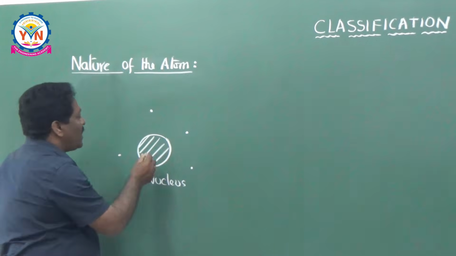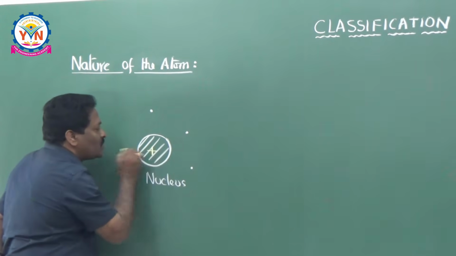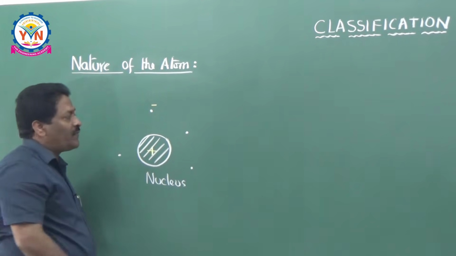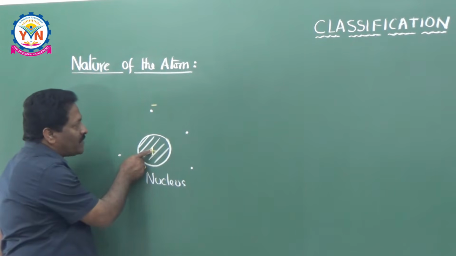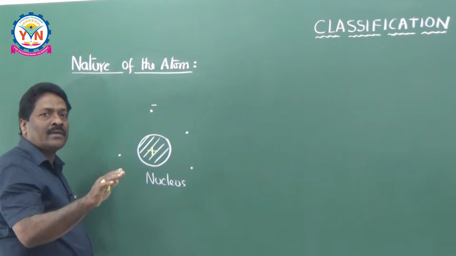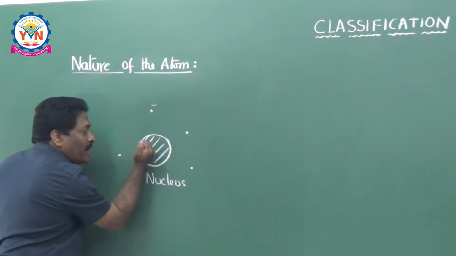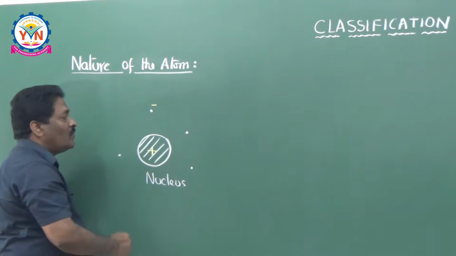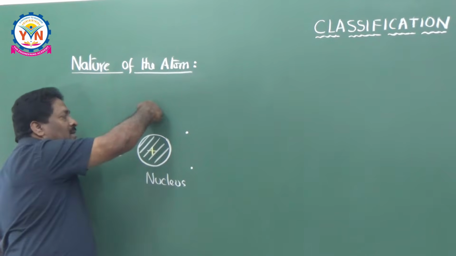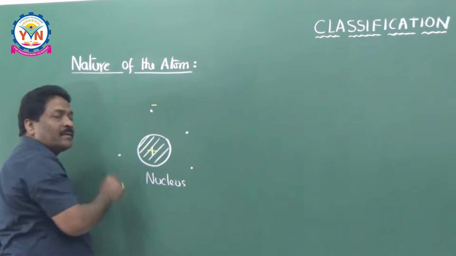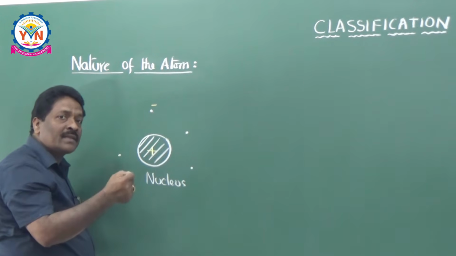As the nucleus has a positive charge and electrons have a negative charge, there will definitely be a force of attraction between these two charges as per Coulomb's law. The central heavy nucleus always attracts the electrons towards it, because opposite charges attract each other and same charges repel each other.